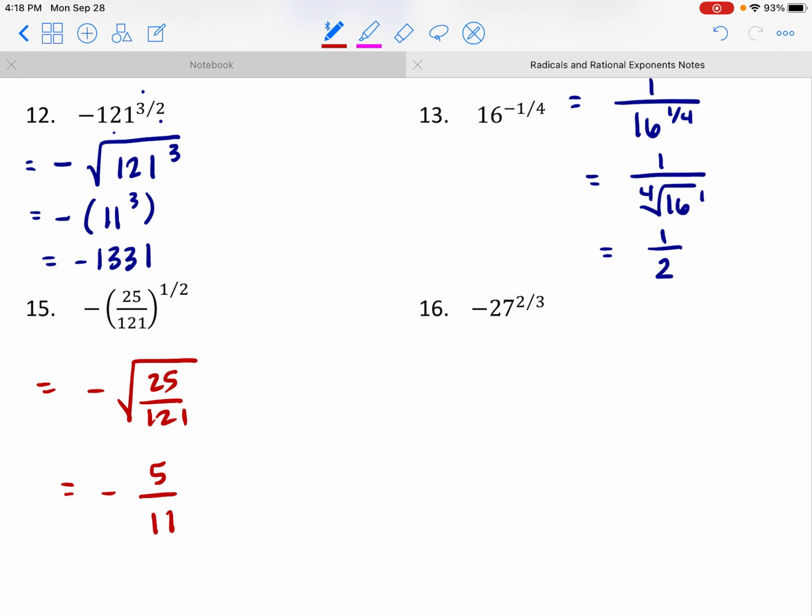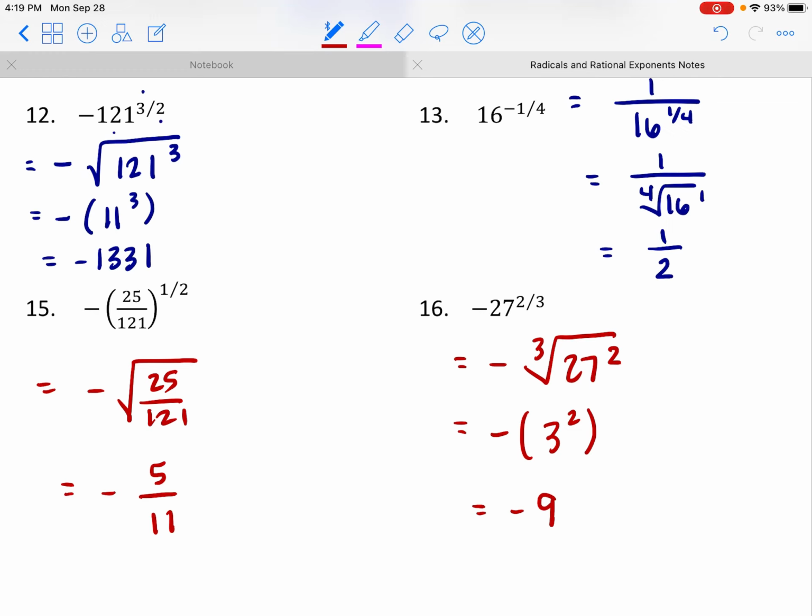And then here, that's a negative coefficient, a negative times 27 to the 2/3, which is the same as a negative times the cube root of 27 squared. The cube root of 27 is 3, and 3 squared is 9. So this is a negative 9. Again, all could be confirmed with the calculator, okay?